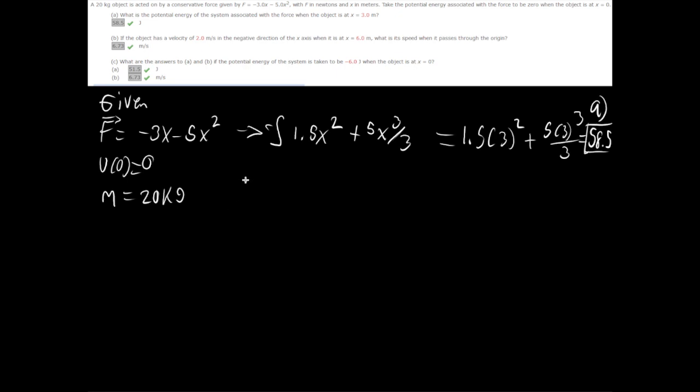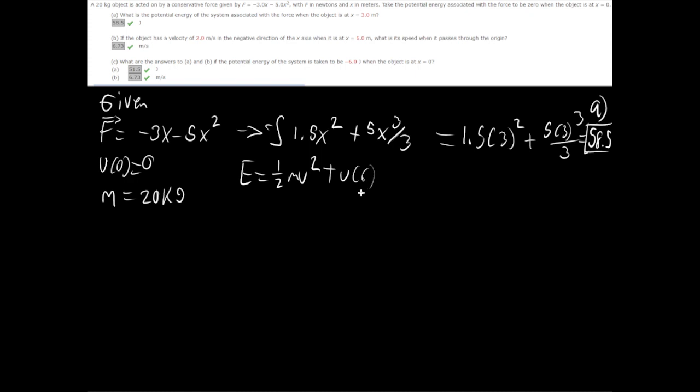So energy equals 1/2 mv squared, so we plug in what we know, plus potential energy. And it's saying the potential energy at x equals 6.